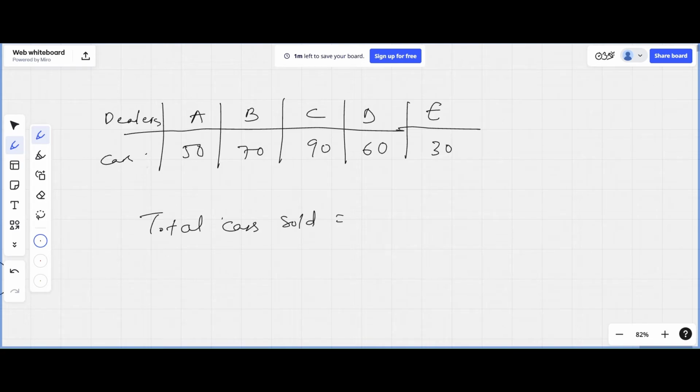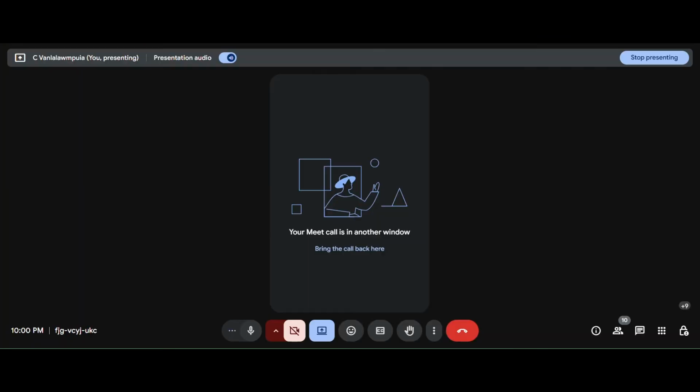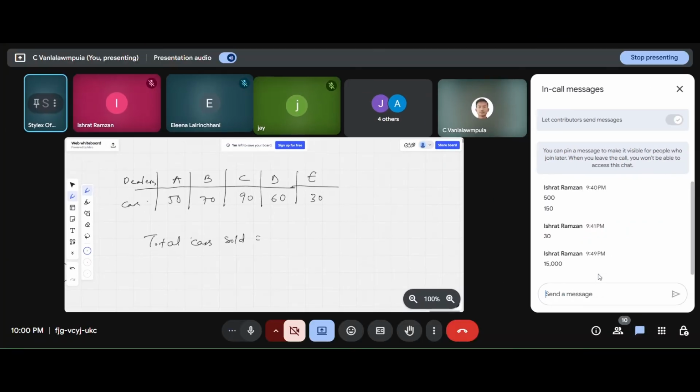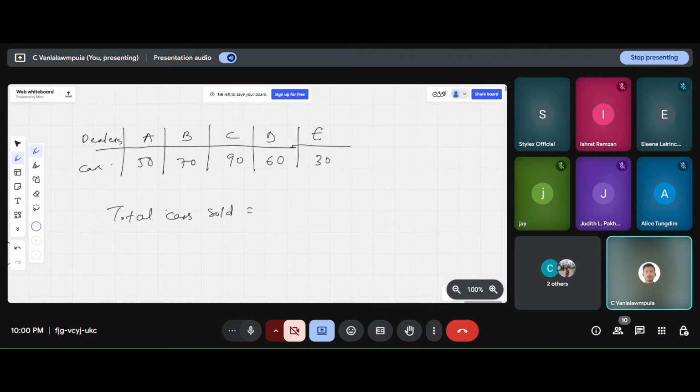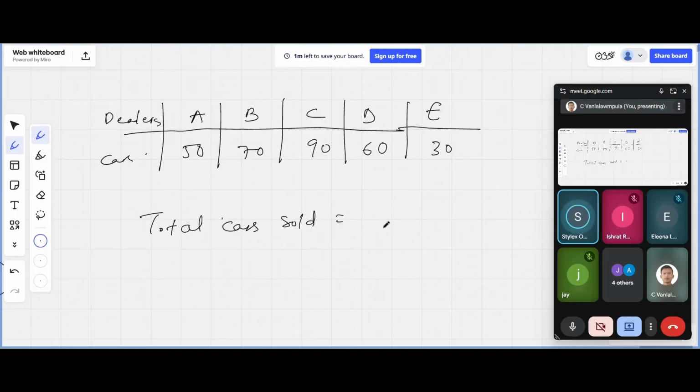How many cars did they sell? 300. 300 cars. It may look simple, but this stuff comes in the exam.